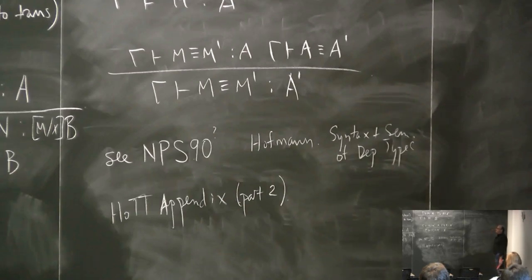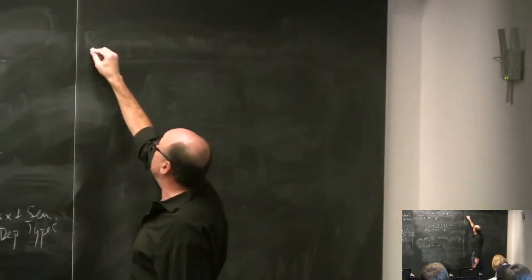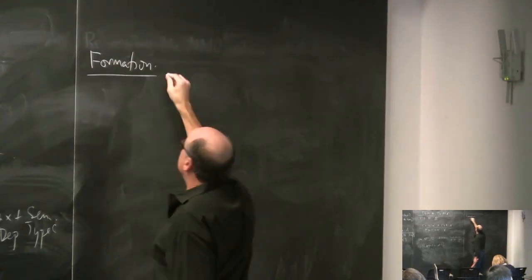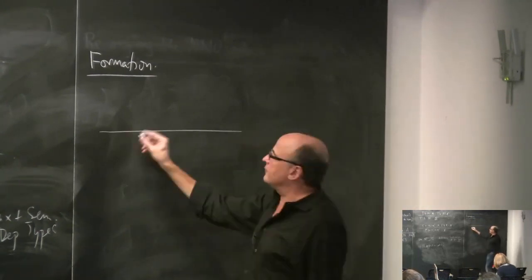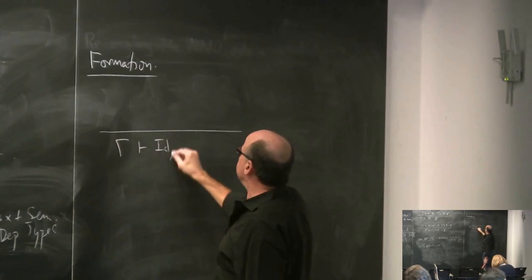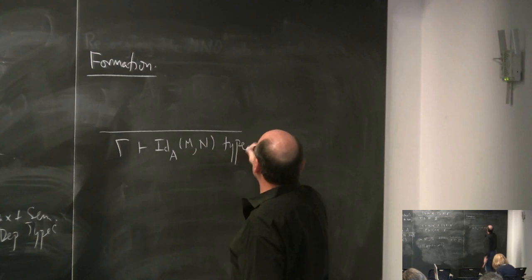So let's look at the identity type just to get going. So we'll have this Id. So we now have rules that look like this. We have what are called formation rules. Now, there's another issue that is going to come up very shortly, but for right now, let's work like this. So I will say the identity at A, M, and N is a type.